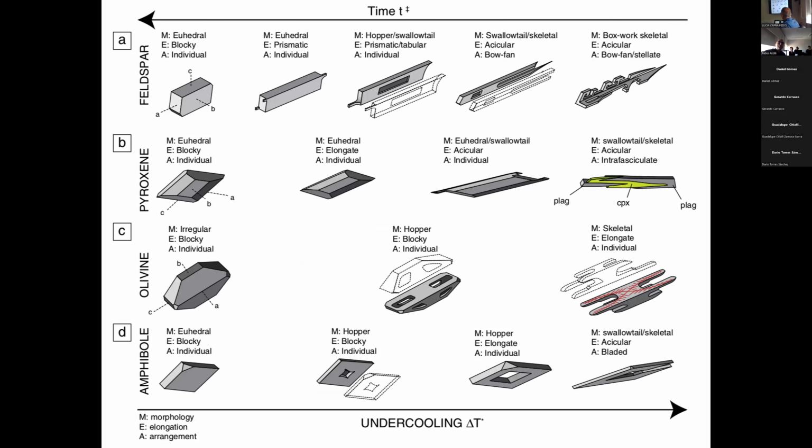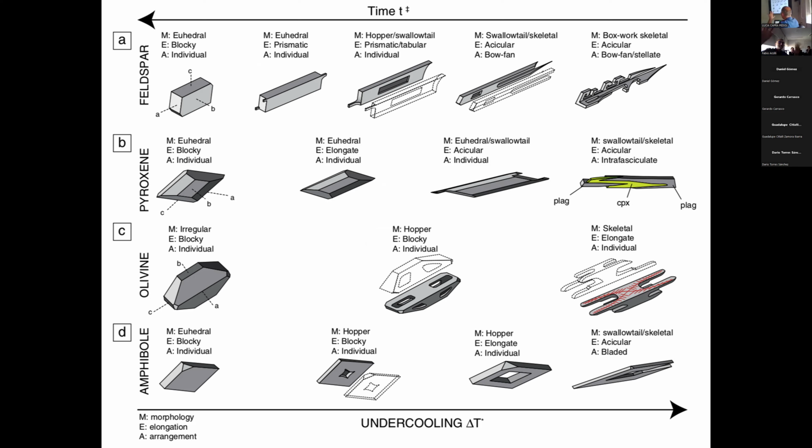Okay. So here I reported also this nice picture drawn by Thomas Shea several years ago, where he drew basically the shape of feldspar, pyroxene, and olivine in 3D as a function of undercooling, and the evolution in shapes moving from euhedral tabular blocky shapes to prismatic, forming then this upper swallow-tailed shape in the intermediate row, to more skeletal shapes for plagioclase at large undercooling, and you can see also the evolution of your pyroxene or olivine or amphibole.